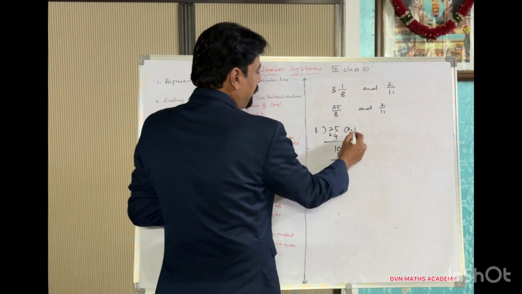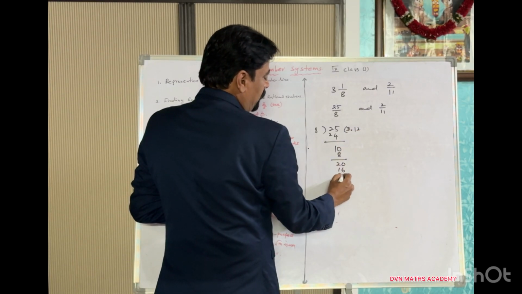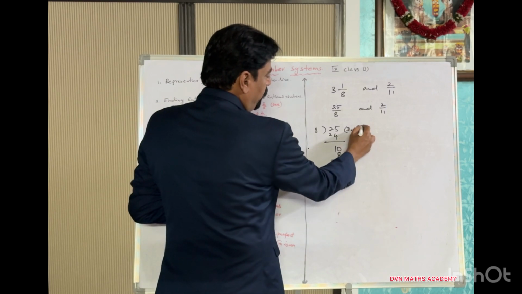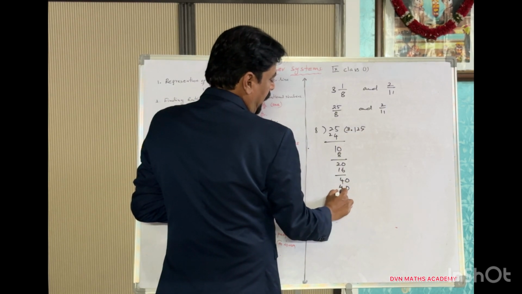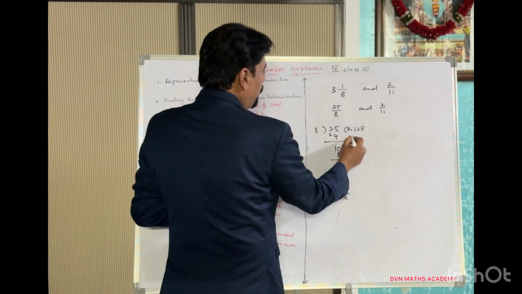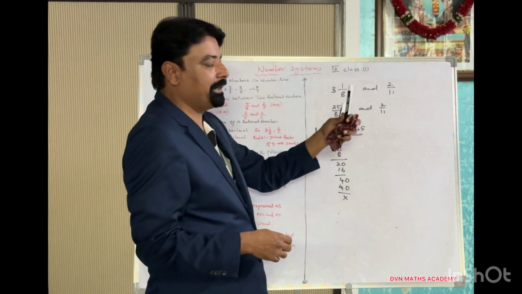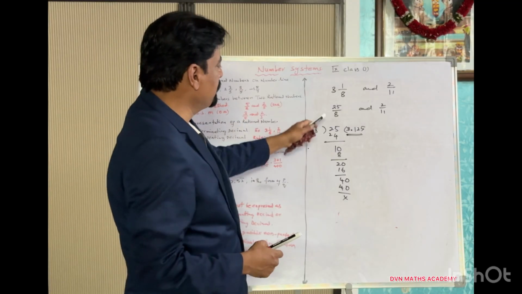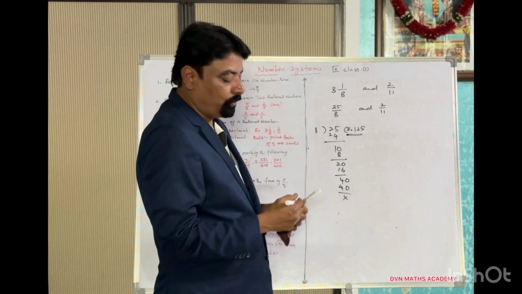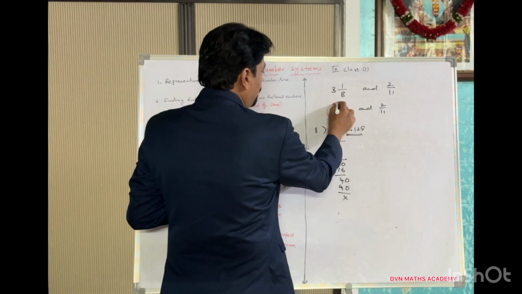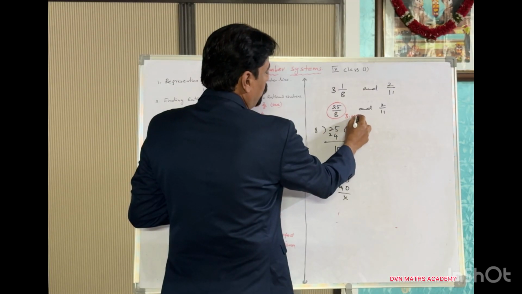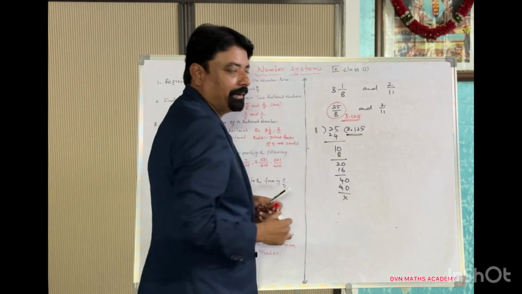Again the point is there, 8 2s are 16. Again you will get 4, and 4 5s are 40, and 0. So this is a terminating decimal. It is terminated after 3 places of the decimal. So it is converted into 3.125. The decimal expansion of this one is 3.125, so it becomes a terminating decimal.